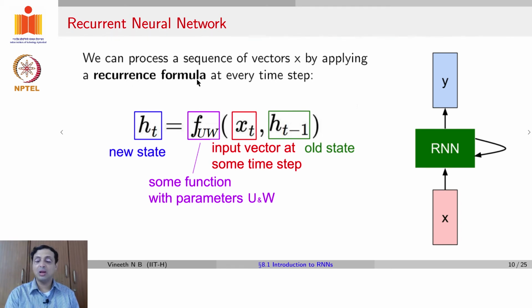The recurrence formula at every time step would be: given an input xt at a particular time step and ht minus 1, the state of the RNN in the previous time step, you apply some function. This function has parameters inside the RNN with some weights U and W, and you get an output ht at that time step, which is passed on to the next state of the RNN, which processes the input at the next time step.